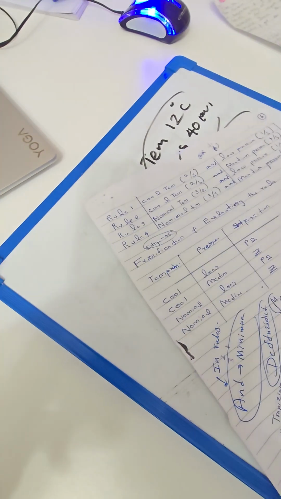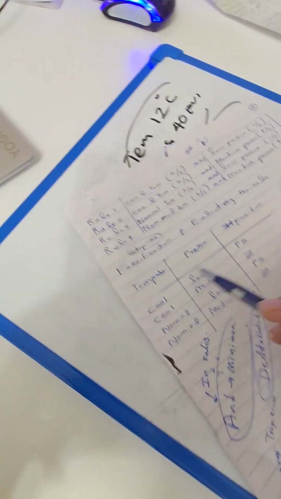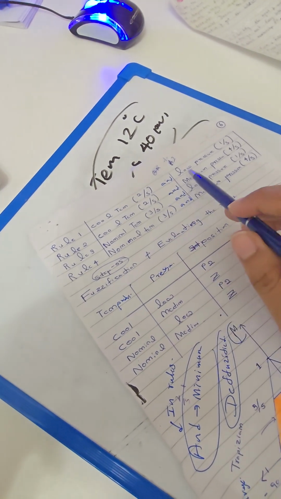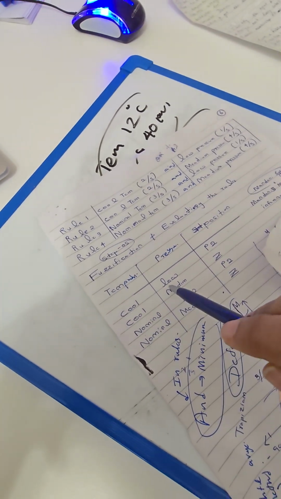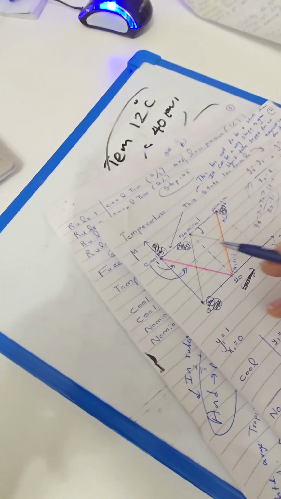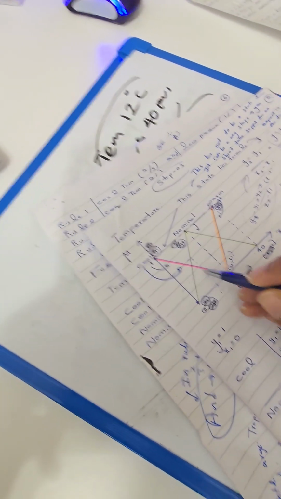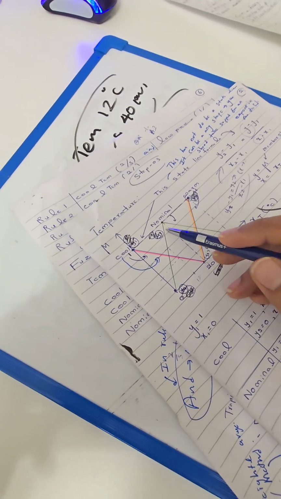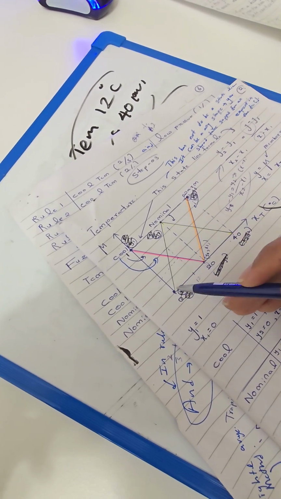Now, cool temperature and low pressure, first one. We can say this 12 Celsius degrees cuts both the cool temperature and normal temperature.